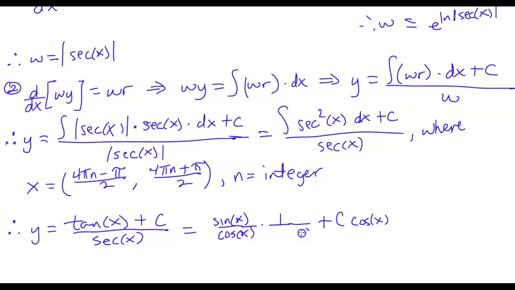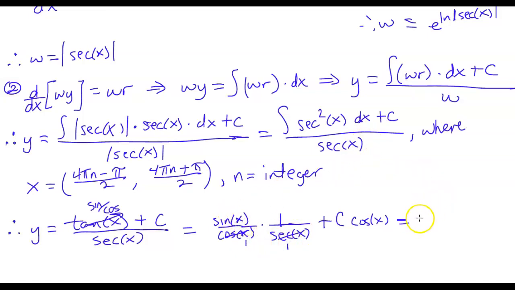The reciprocal of secant is cosine, but what I'm essentially doing here is trying to divide sine by cosine. So I need to have cosine and secant in the denominator together. And from there, we know that cosine and secant are reciprocals of each other. So these two things just work together to reduce to 1.